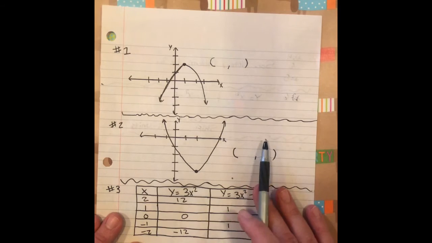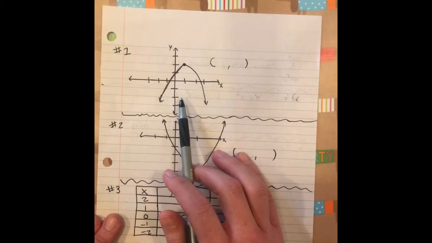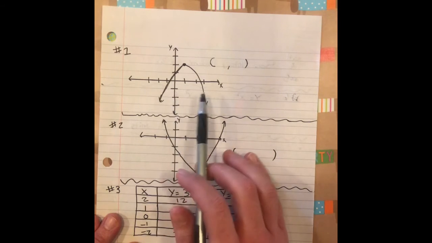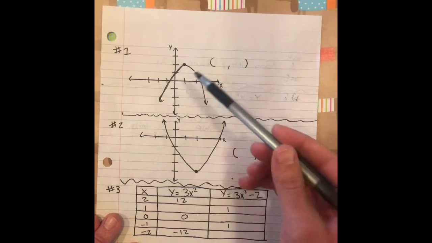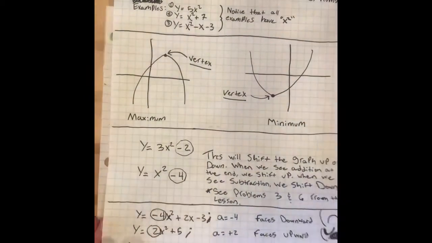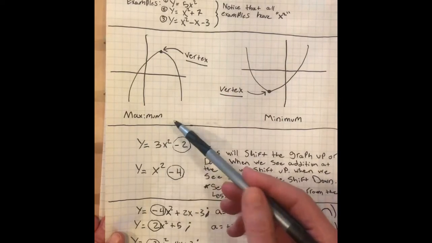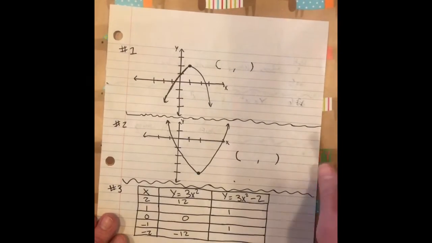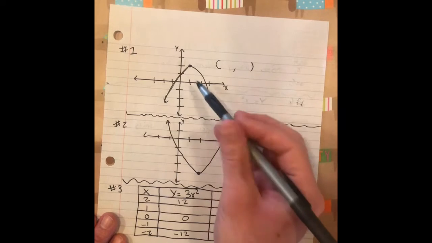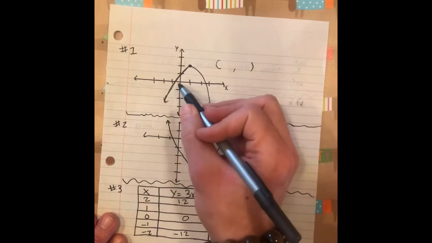So as we go through, question number 1 says, identify the vertex of the graph, tell whether it is a minimum or a maximum. So we have a sad face or a downhill one. So if we look at our graph, we're looking for this point, and we know it's going to be a maximum. So how do we find this point? Well, when we list points, we list them x comma y. So 1.